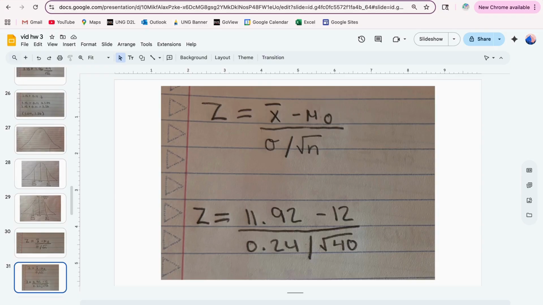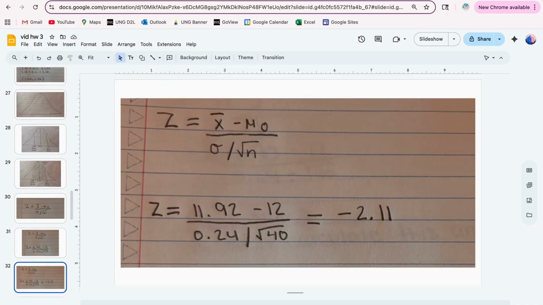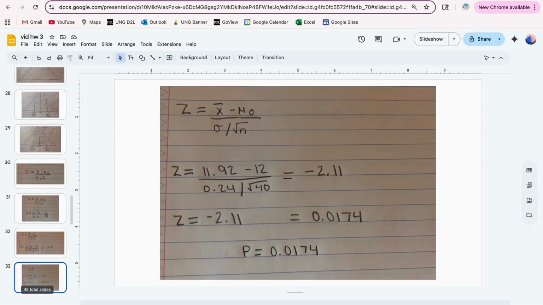Plugging in the numbers we get, z equals 11.97 minus 12 over 0.24 divided by square root of 40. We then calculate this and get z equals negative 2.11. Looking up negative 2.11 in the z-table, we find a p-value of 0.174.